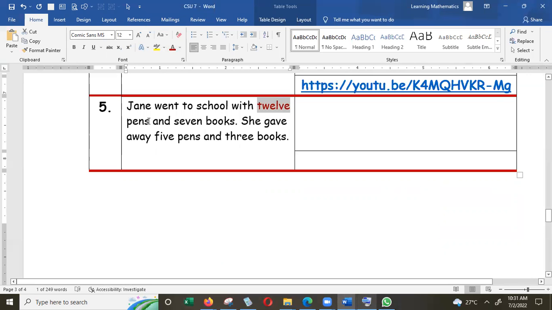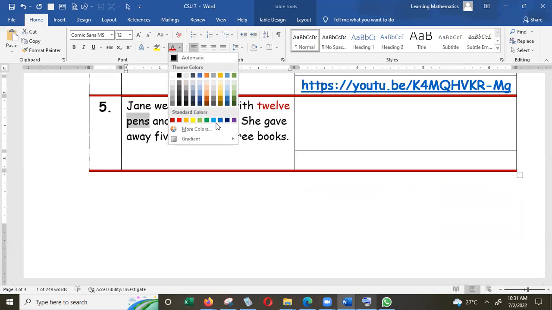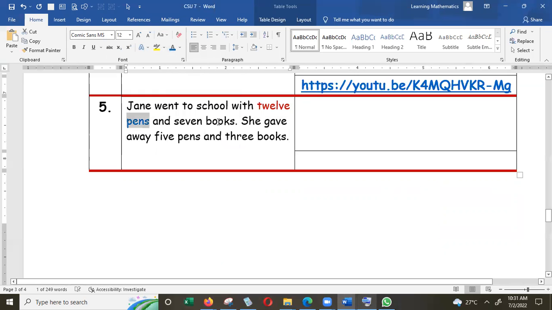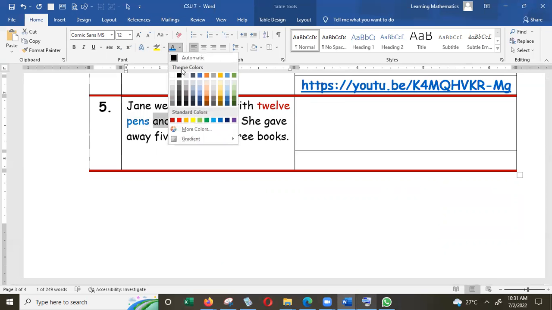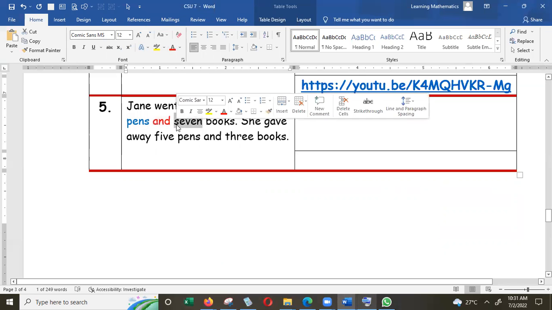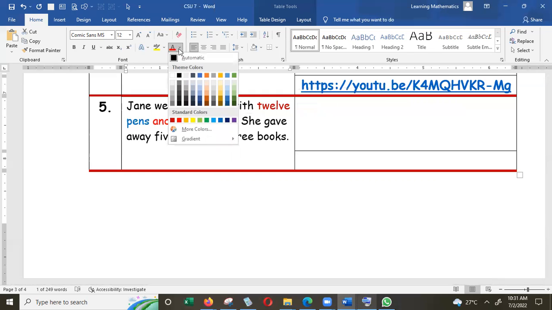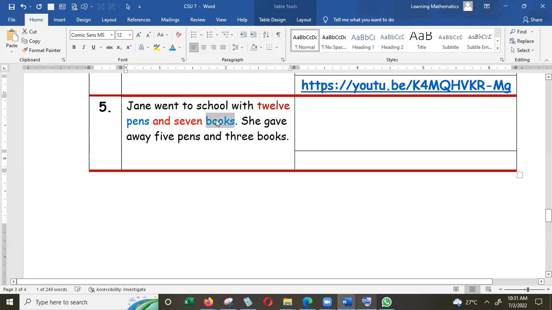Pens, yes, pens is more than one, but the word pen doesn't necessarily have a symbolic translation, so we can use P for pens. 7 is a quantitative word. Books is more than one. The word book per se does not really translate quantitative actions, but it is going to be needed here, so we can create a symbol for it. We can use B for books.